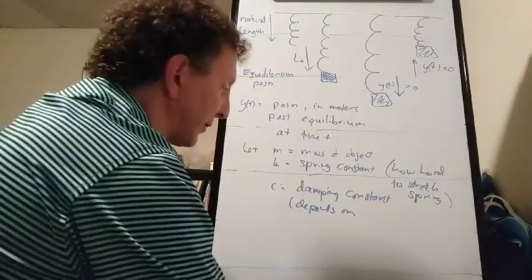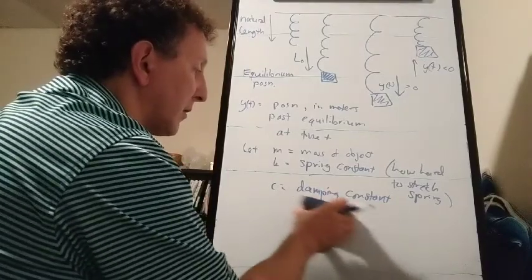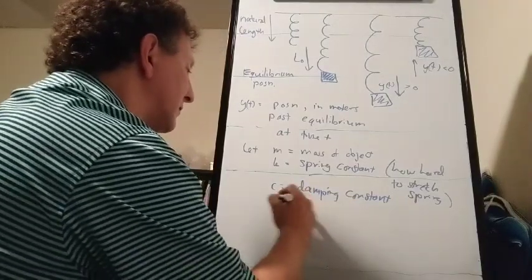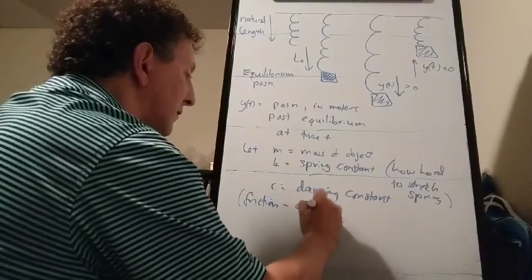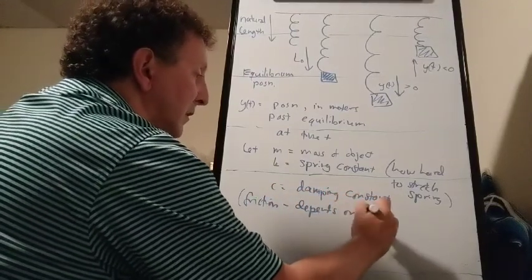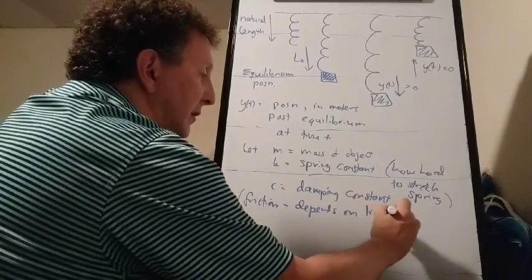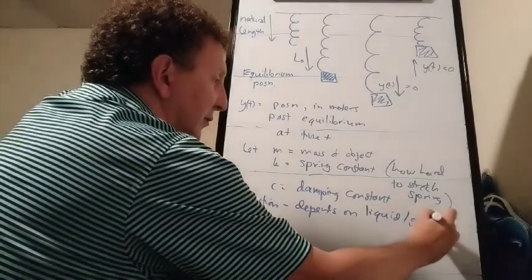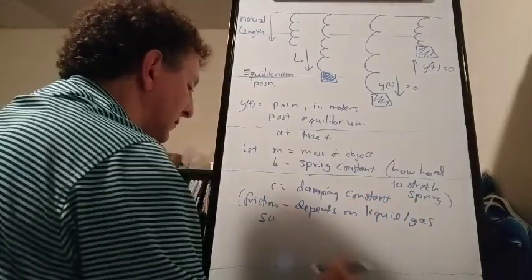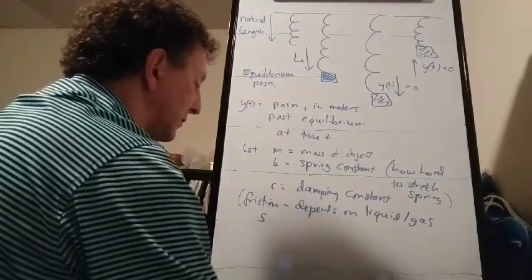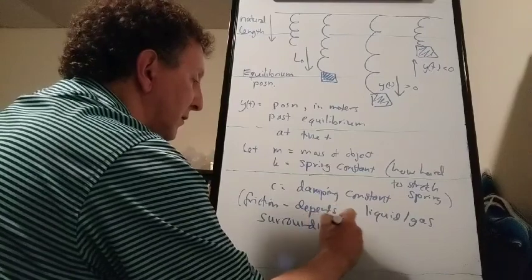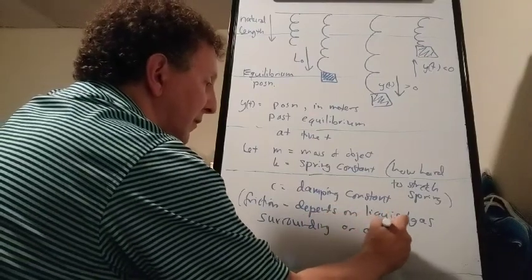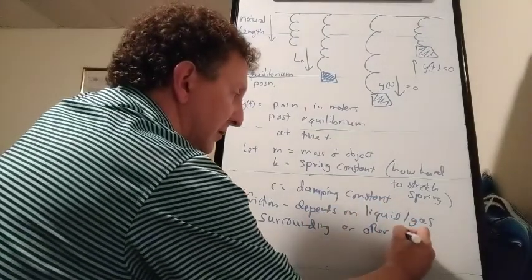It's really measuring friction. So it depends on the liquid or gas surrounding, or other equipment that might cause friction.